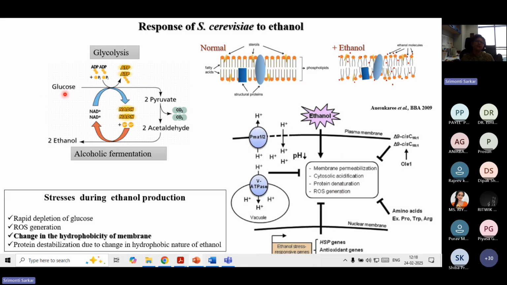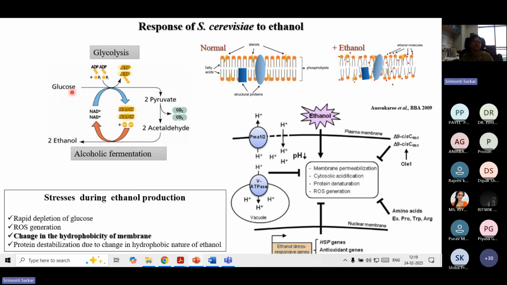As I said, during the alcoholic fermentation process, glucose is converted to ethanol. Now this is happening without glucose being shunted into mitochondria. As a consequence, less ATP is being produced from glucose, because all the high efficiency ATP production in mitochondria is not happening.